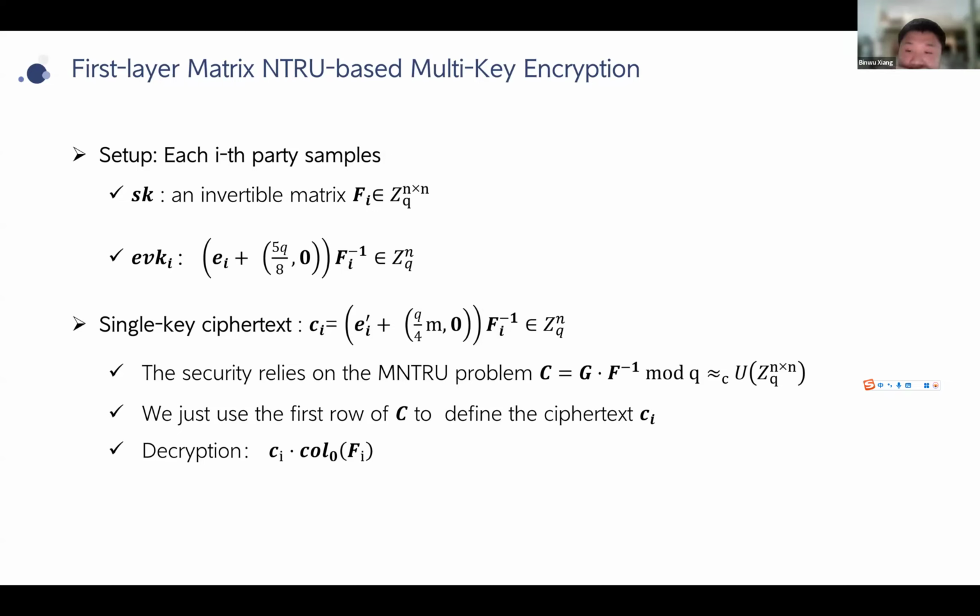Here, the matrix C is equal to the matrix G times the inverse of F, and this matrix C is computationally indistinguishable from a uniform random matrix. Also, we need KDM assumptions. As you can see, our ciphertext only contains an n-dimensional vector, so we only use the first row of the matrix C to define the ciphertext.